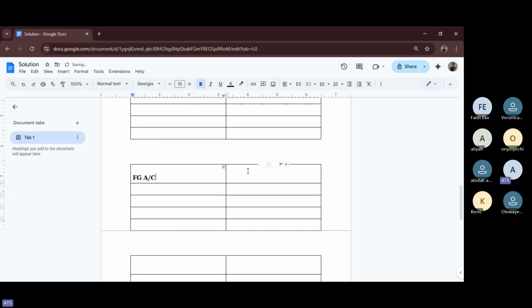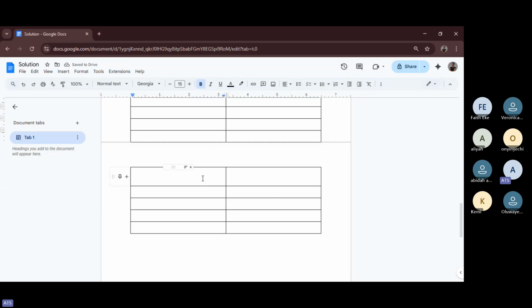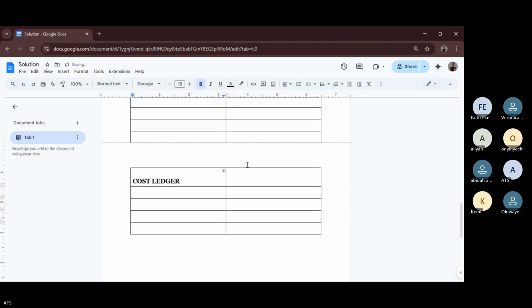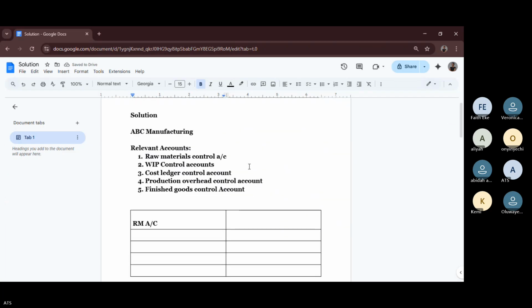Let our cost ledger control account come last. We should include it here.